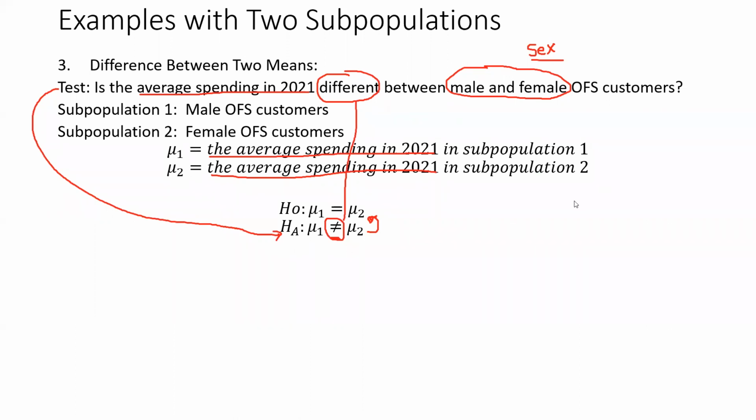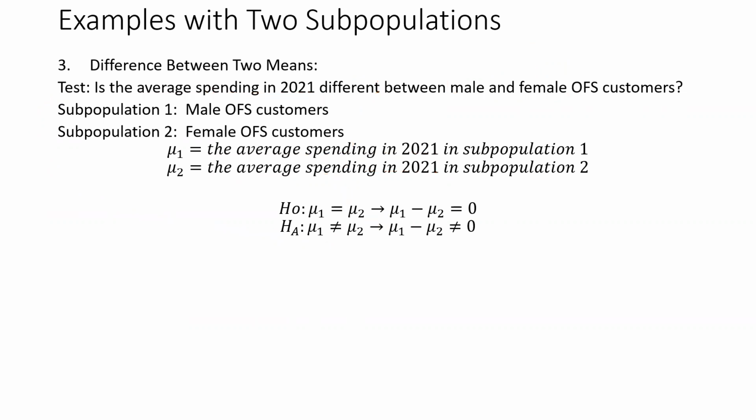So once we've set this much up, we're going to rewrite it, and we're going to subtract mu2. So let me get rid of some of these annotations. And you'll see that now that we've set this up, we're just going to subtract mu2 from both sides. So mu1 minus mu2 is on the left-hand side, and mu2 minus mu2 is the 0.